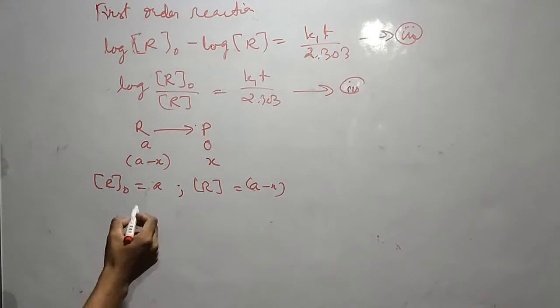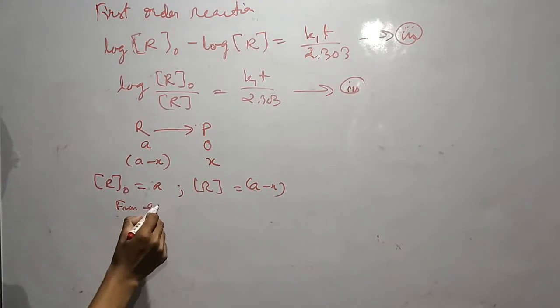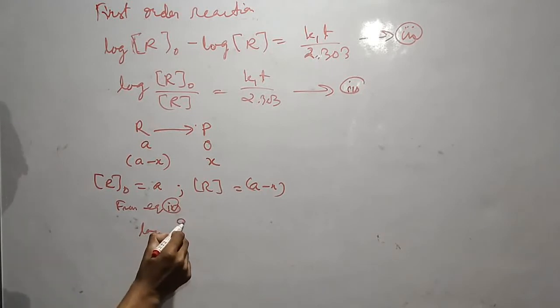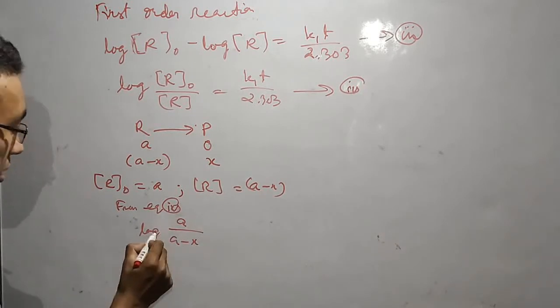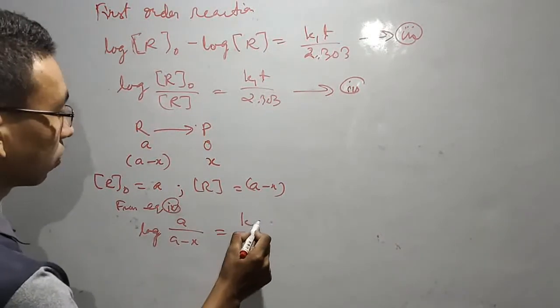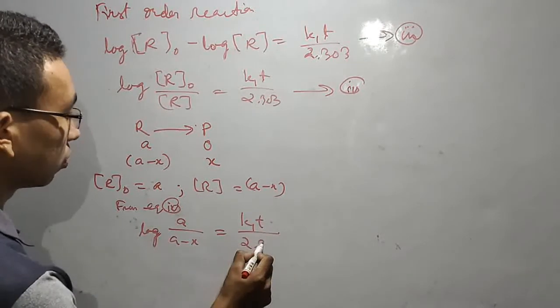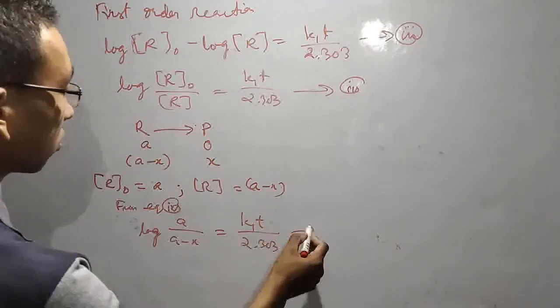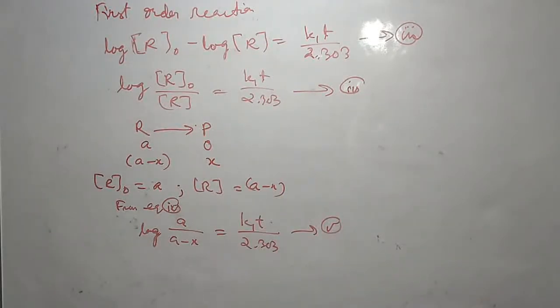So from equation number 4 we get log of a by a minus x is equal to k1 t divided by 2.303. This is how we can also represent equation number 5. So that's all about the integrated form for both the zero order and the first order reactions.